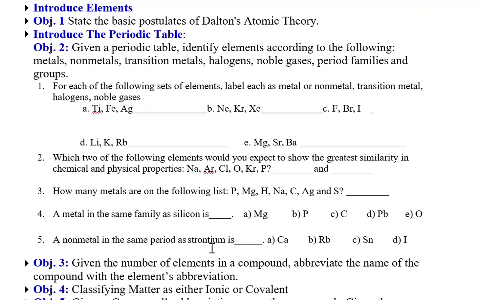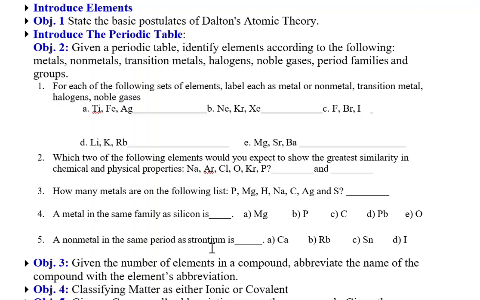So if we wanted to find a non-metal in that period, we're going to go across that row and find something that is a non-metal. And we have 3 possibilities. One is xenon, one is iodine, and one is Te. I don't remember what Te is. Beryllium. And in that list, sure enough, iodine shows up.